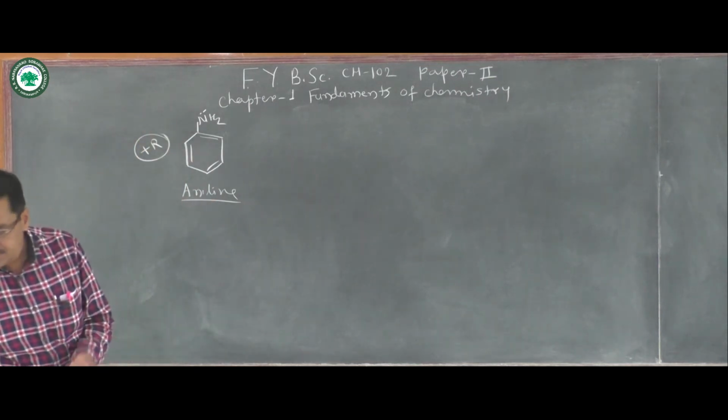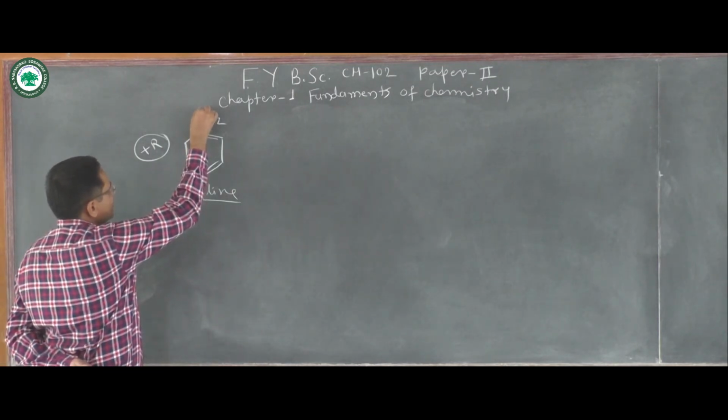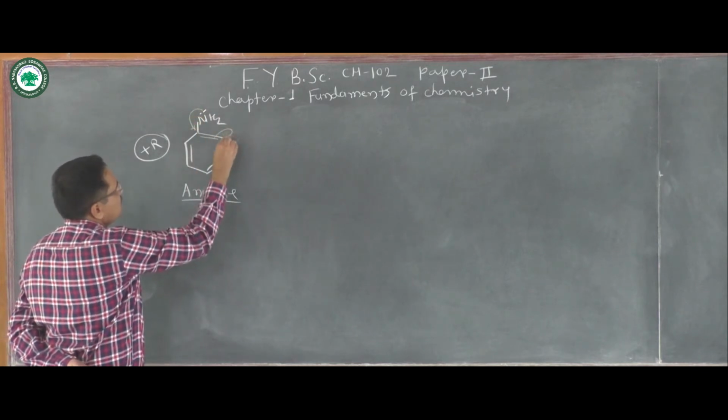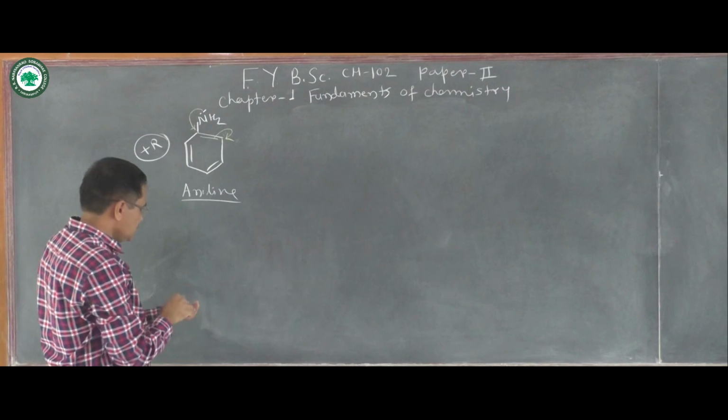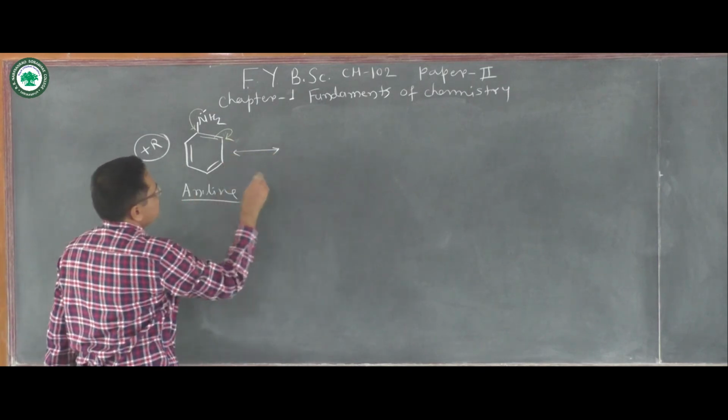Now why is it called plus R? Because it increases the electron density of the carbon skeleton. Here benzene phenyl ring. Now see here.